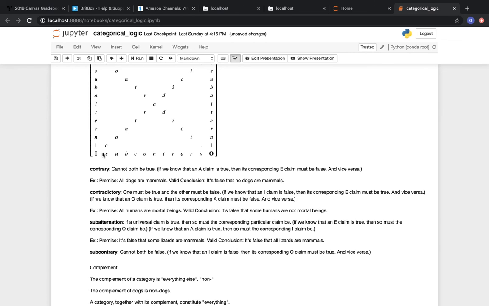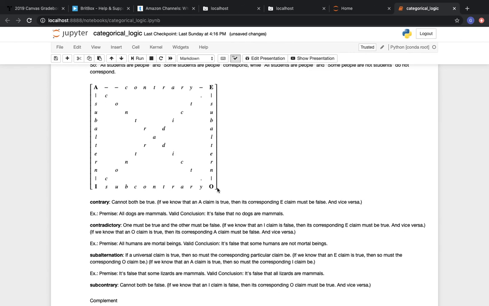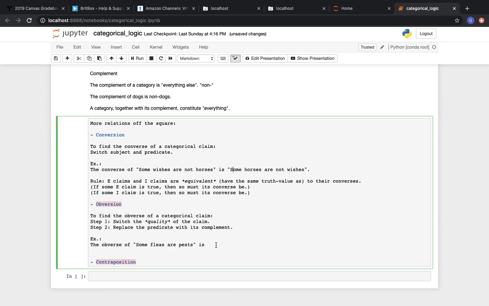So let's move to an O. So we have some fleas are not pests. But now we want to replace pests with its complement, and I'll just use non-pests for that. And so our new categorical claim is that some fleas are not non-pests.